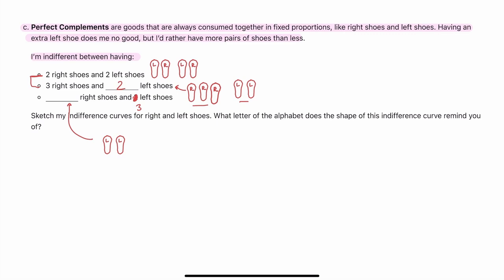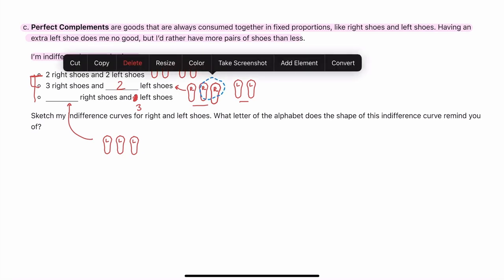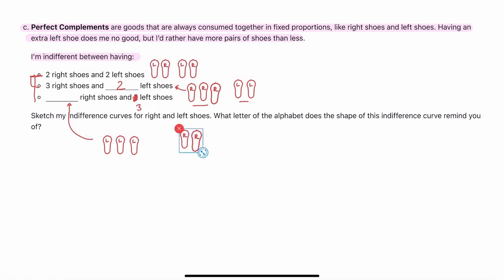So if we have 3 left shoes, how many right shoes would we need to be indifferent between all of these bundles? We would need only 2. So we should look for 2 right shoes in that blank. So 2.